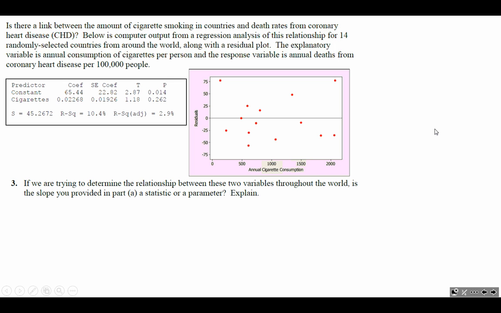Number 3, if we're trying to determine the relationship between these two variables throughout the world, is the slope you provided in part A a statistic or a parameter, and explain. So the slope in part A, when we did y equals mx plus b, that is a statistic because it comes from a sample of data.